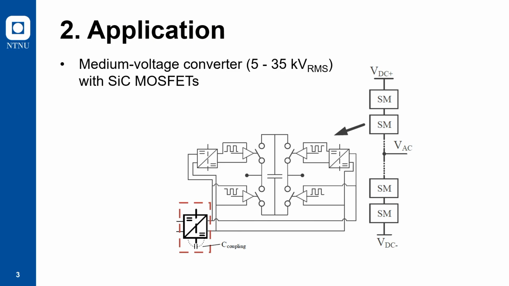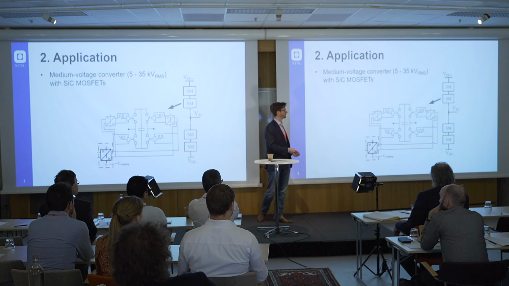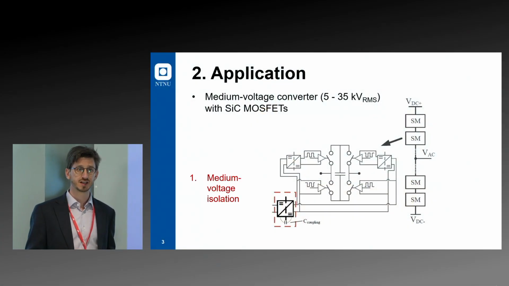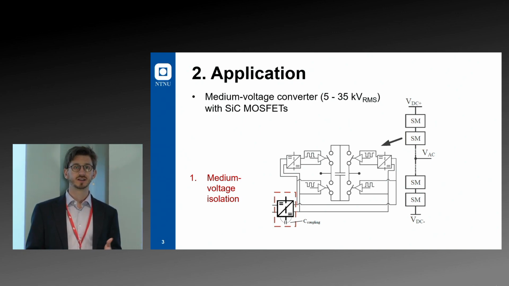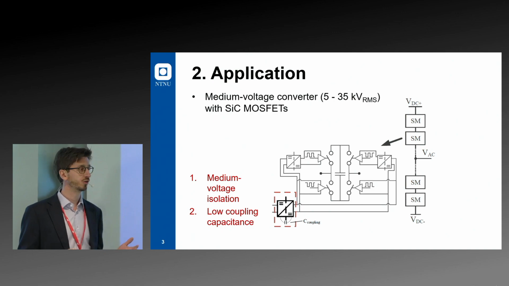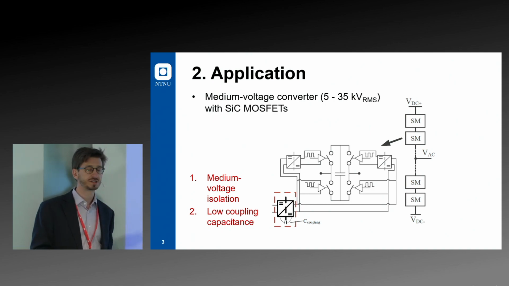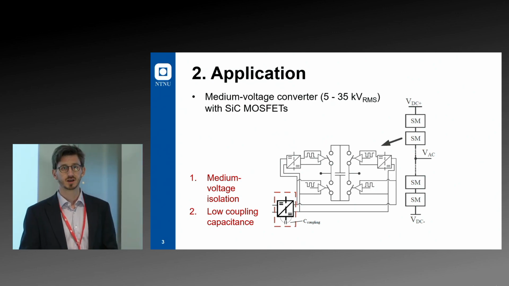But then you would need an isolated power supply that is rated for the full DC link voltage. So it gives very hard criteria for the isolation barrier that we have to provide, so that medium voltage isolation. In addition, we would like to have a low coupling capacitance over that isolation barrier, because each time we have a switching incident, we get circulating noise currents. We want to limit that capacitance.